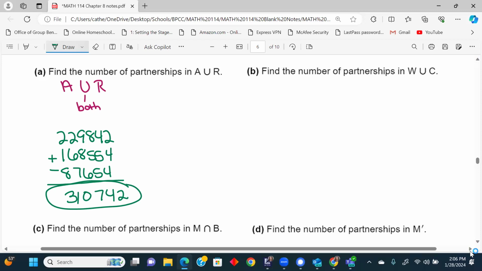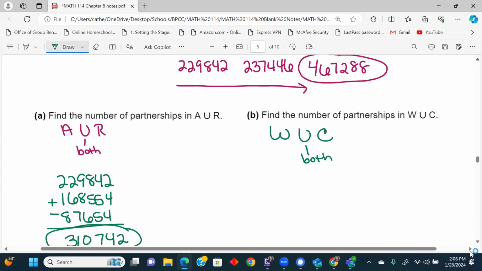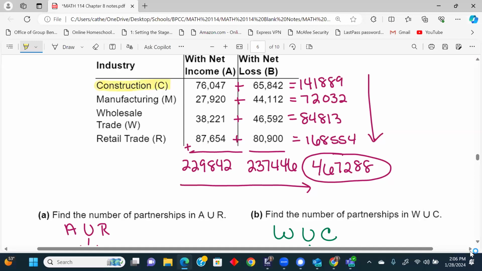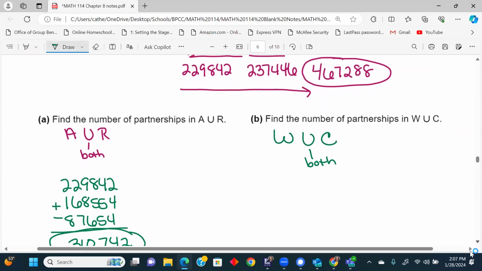Find the number of partnerships, W union C. So that's going to be both. Let's go back up and look at W and C. If I highlight C and W, there is no overlap, so there's nothing for us to subtract out. So I'm going to go down here and write out these numbers.